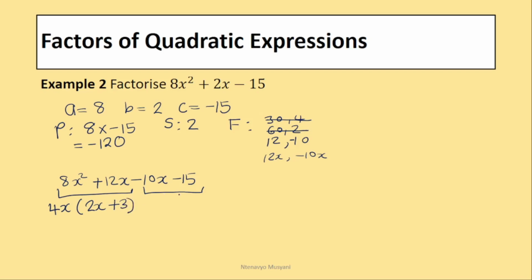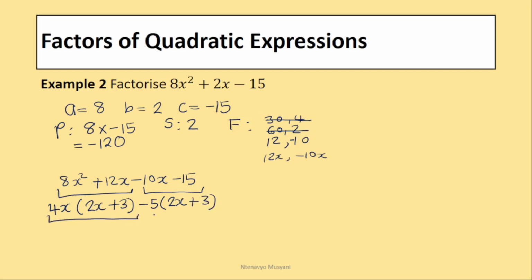In the second pair, negative 5 is common to both of these terms. Negative 10x divided by negative 5 will give me 2x. Negative 15 divided by negative 5 will give me positive 3.